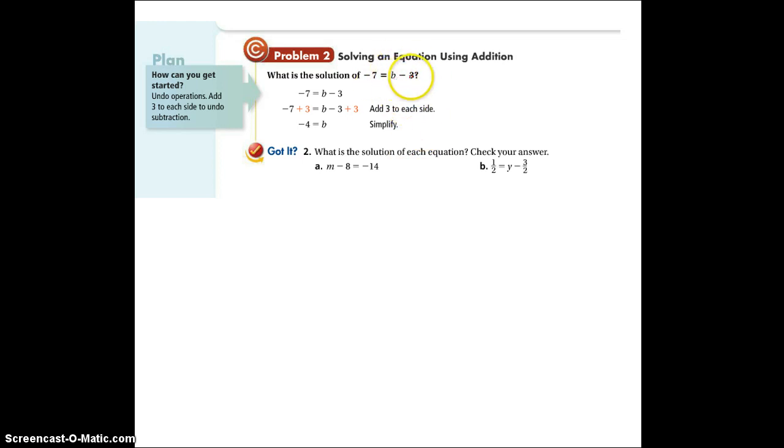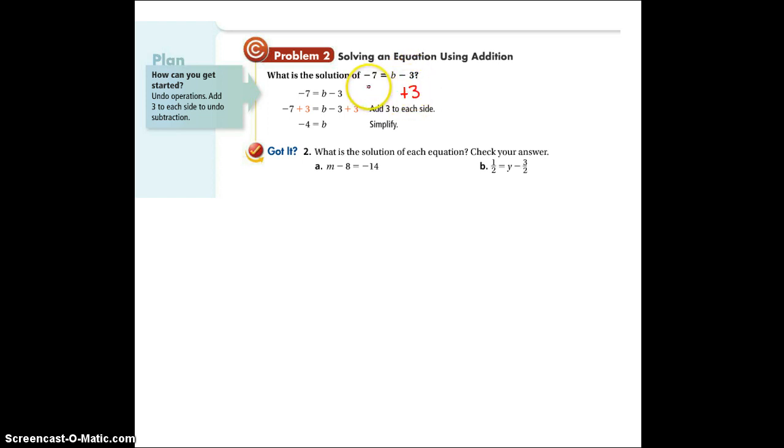So here this is b minus 3. Now this one's kind of a harder concept to grasp because I'm not really taking money away here. But I want to focus more on the inverse operations. Since this is a minus 3, the only way I can get the treasure box by itself is to add 3.